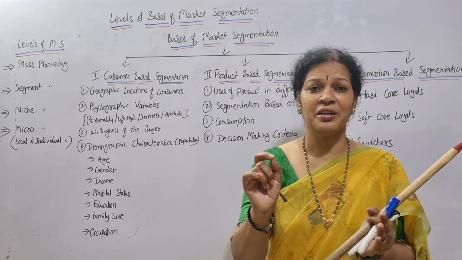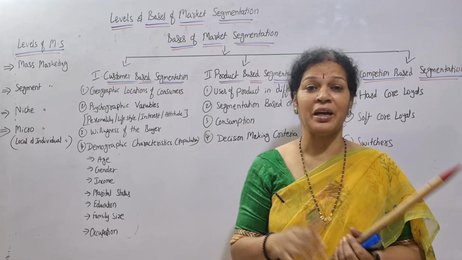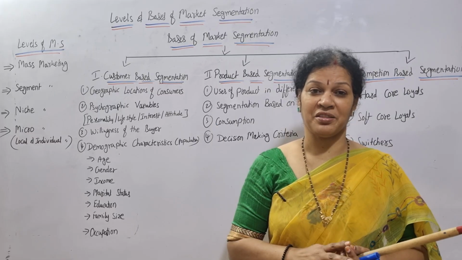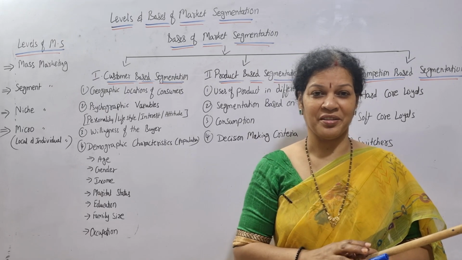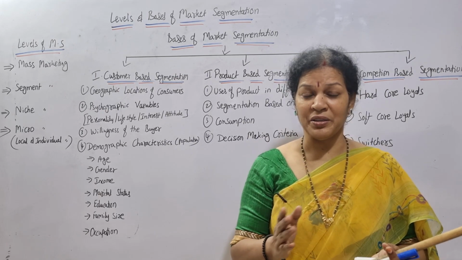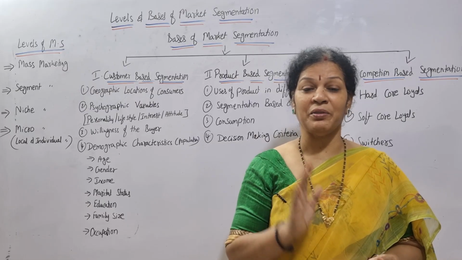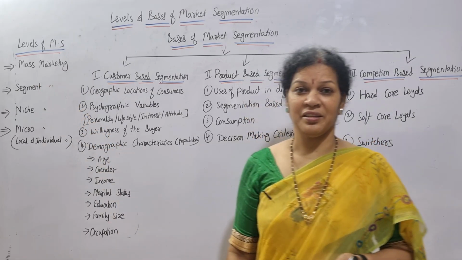Many competitors entered and gave tough competition to this toothpaste. Then they went for different segments. The product is the same, but they introduced Colgate salt, Colgate organic and Ayurvedic, different products. So we can say this is segment marketing.